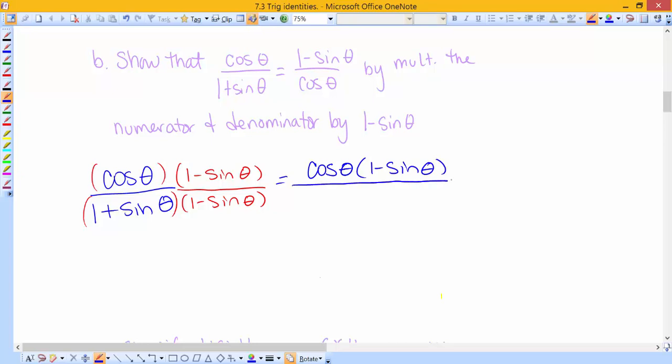However, on the denominator, I don't have a 1 plus or minus sine of theta. I have cosine. So somehow I need to rewrite this. Because this is a difference of squares, I just need to multiply 1 times 1, which is 1, and sine times negative sine. So think of this as 1 plus x times 1 minus x.